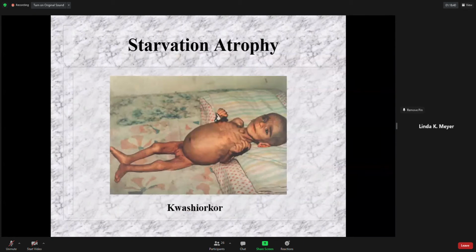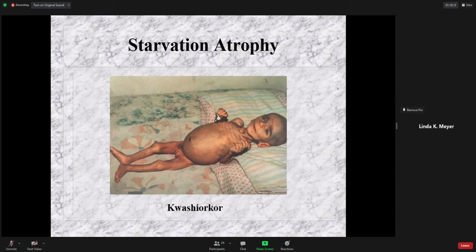And then there's also what's called kwashiorkor, where what happens to these children is they have more of a protein deficiency, and they'll look like they're wasting away, but because of disruptions in the normal fluid balances, due to protein deficiencies, they develop edema or swelling in the abdominal area.